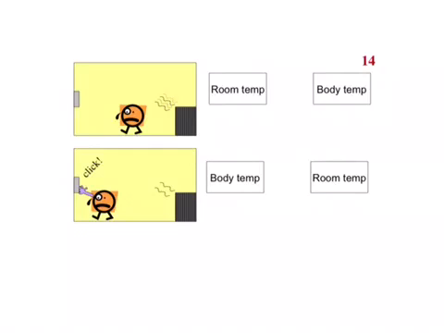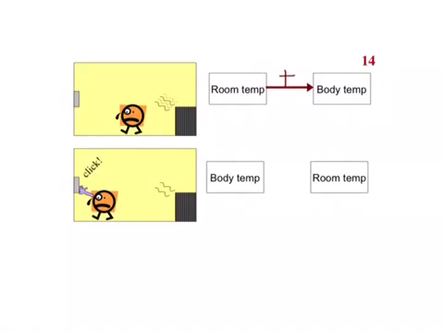Both of these state variables are in the same direction, and an increase in room temperature leads to an increase in body temperature. So this would be a positive coupling, which we would represent with an arrow. And just to make this clear, this is a positive coupling.